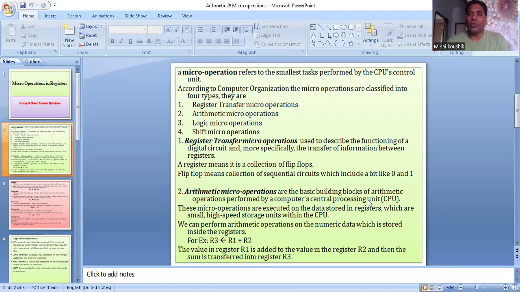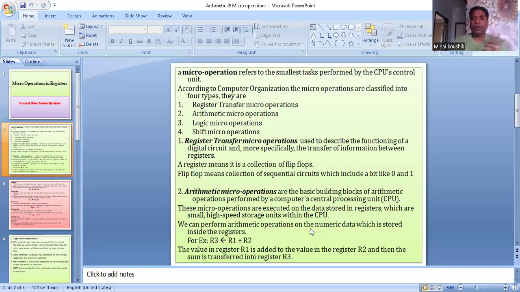That is called output. But I'm writing here, these micro operations are executed on the data stored in the registers, which are small high-speed storage units within a CPU. The duty is nothing but to make some kind of operation.